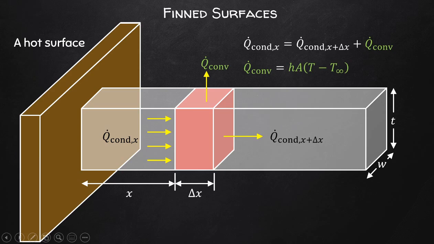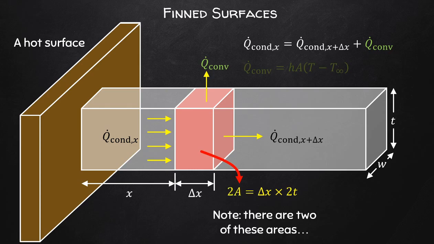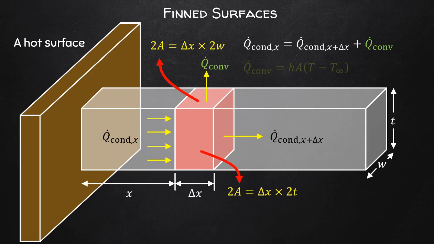in green. The area here is delta X times T. So that's just the one rectangular surface area. And note that there are obviously two of these, one on either side. The same goes for the top and bottom areas, which are also delta X times W per area.